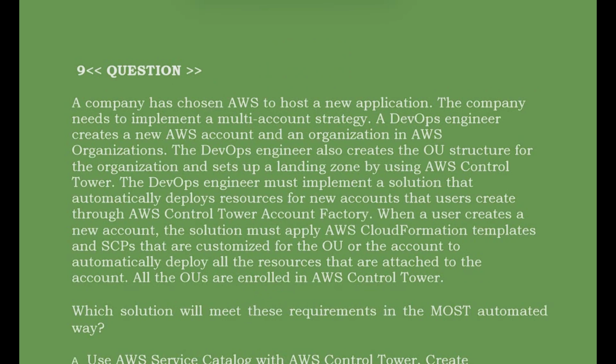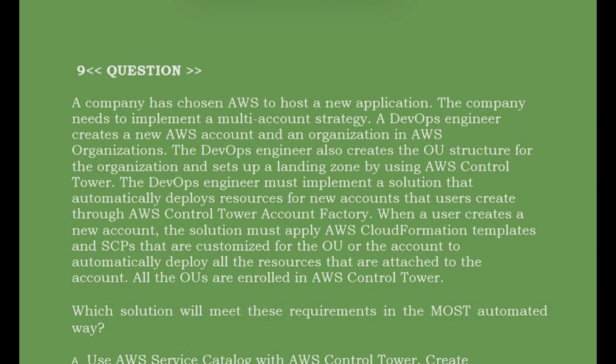Question is, a company has chosen AWS to host a new application. The company needs to implement a multi-account strategy. A DevOps engineer creates a new AWS account and an organization in AWS Organizations.